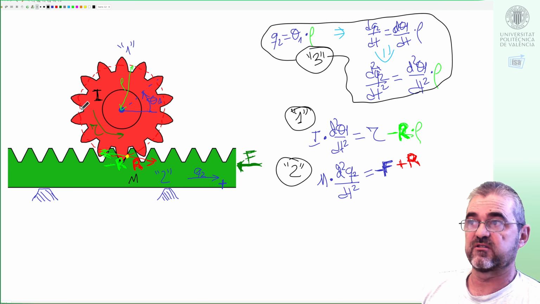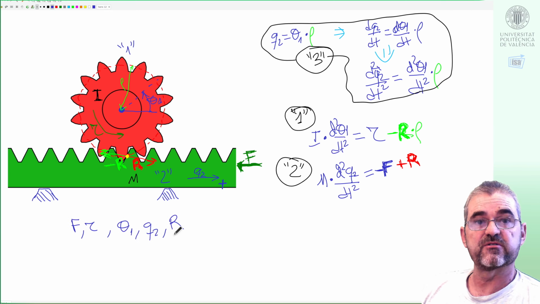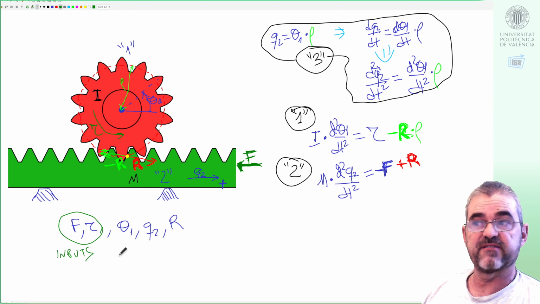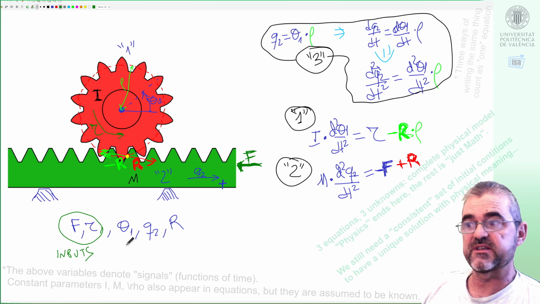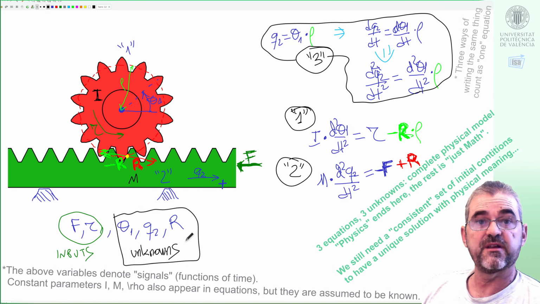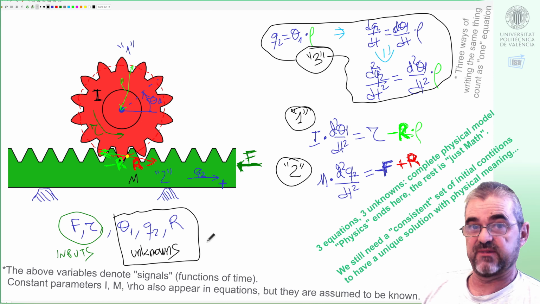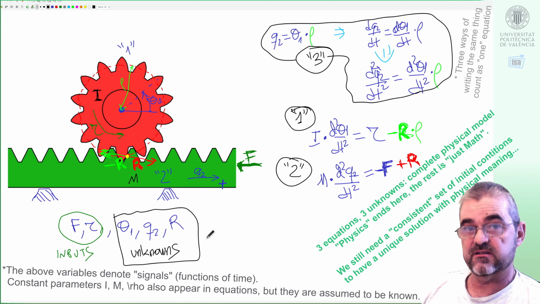Because we have lots of letters: F, tau, theta 1, q2, and the reaction force R. If we consider F and tau to be inputs that can take any arbitrary value, I can push my axis or my green body with whatever force I wish, then these three signals will be unknowns, and if I have three equations and three unknowns, my mathematical model of this physical system is complete. So this is it. Physics ends here.